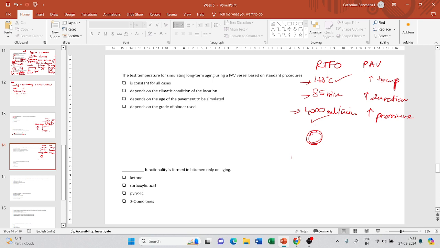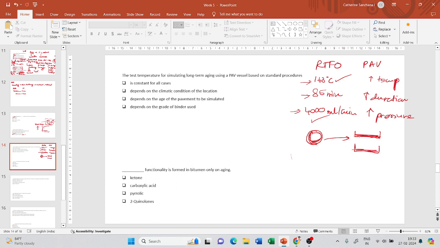If not, what will happen? Only the surface will undergo oxidation and it will form a kind of skin. So in PAV, this will not be rotated. One important thing to notice is that an RTFO-aged sample will be used for PAV aging, and unlike RTFO bottles, it will be placed stationary in the pressure aging vessel.